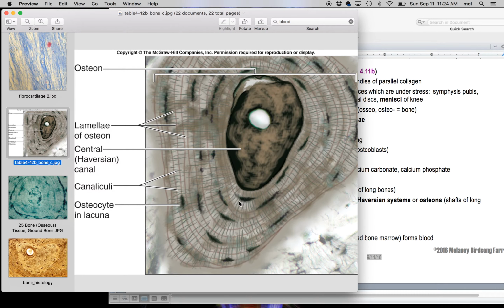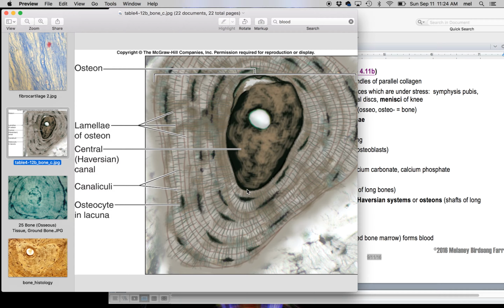And then around the central canal there are layers called lamellae. So you're starting to see these concentric layers here. And at the edges of the lamellae is where you're going to find the bone cells, and the bone cells are called osteocytes. But the osteocytes actually need a place to sit because the tissue is relatively solid.